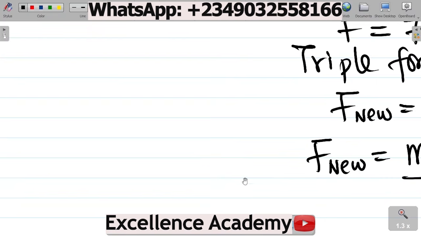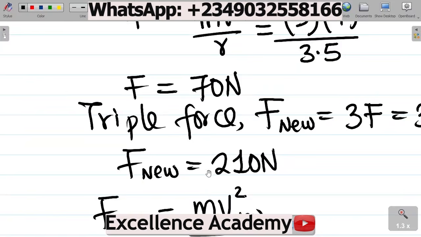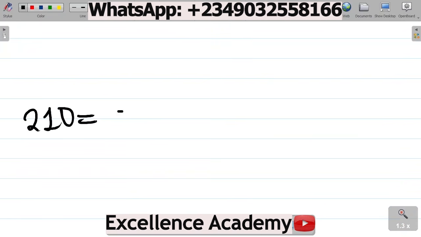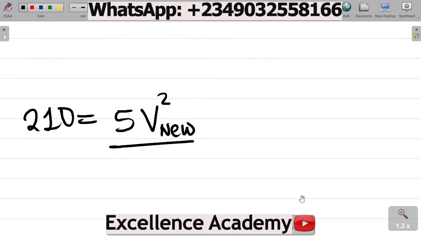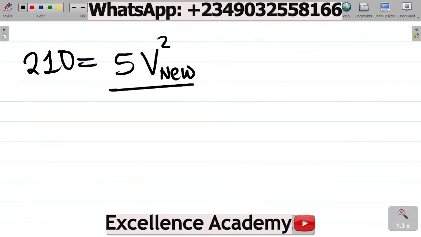F new, the new force, is given as 210. So we have that 210 is equal to m times v new squared all over r. The value of m is 5, and r was 3.5, so all over 3.5. Let's multiply this and this.